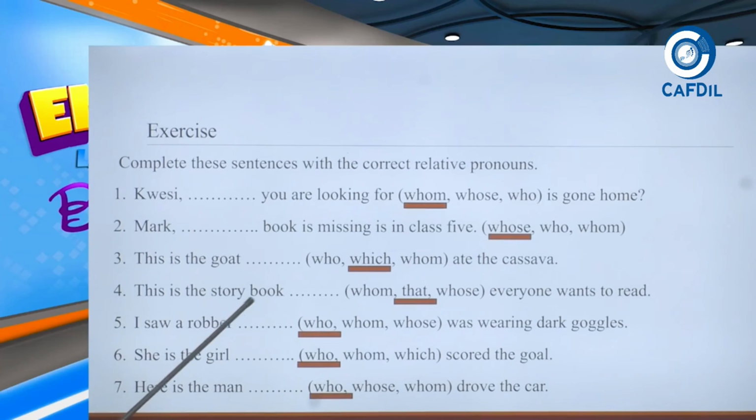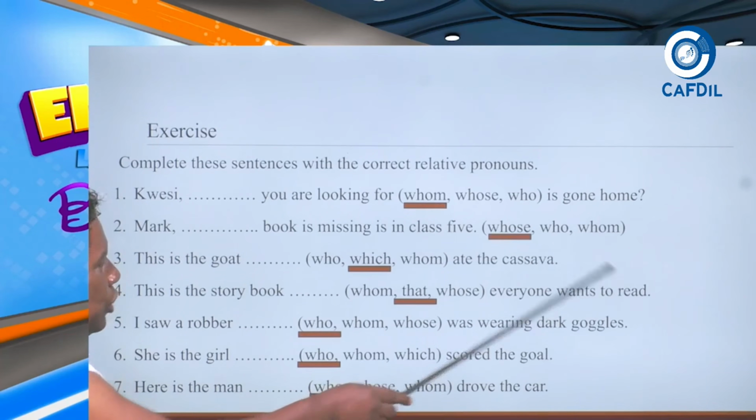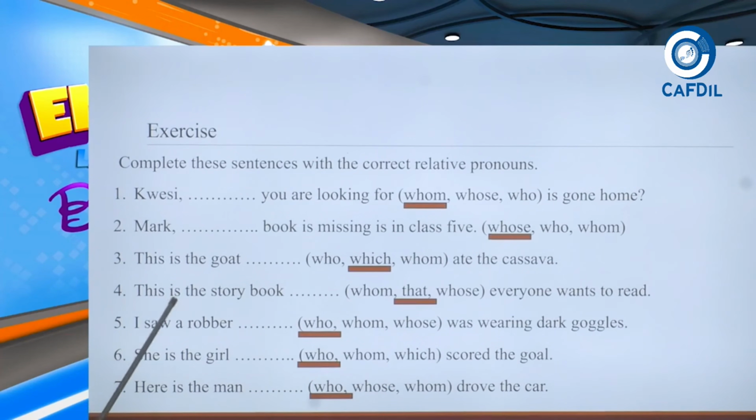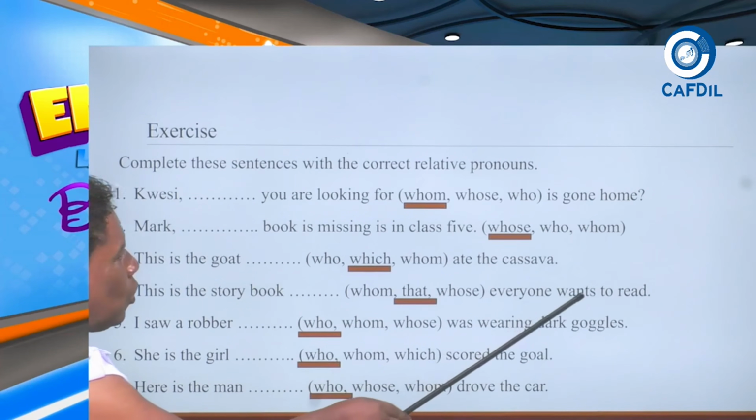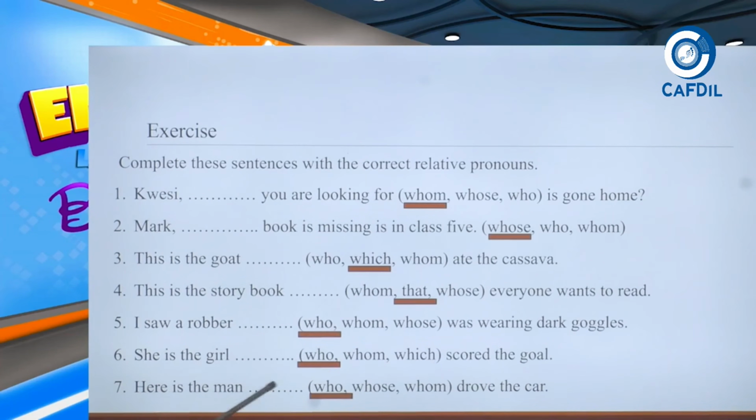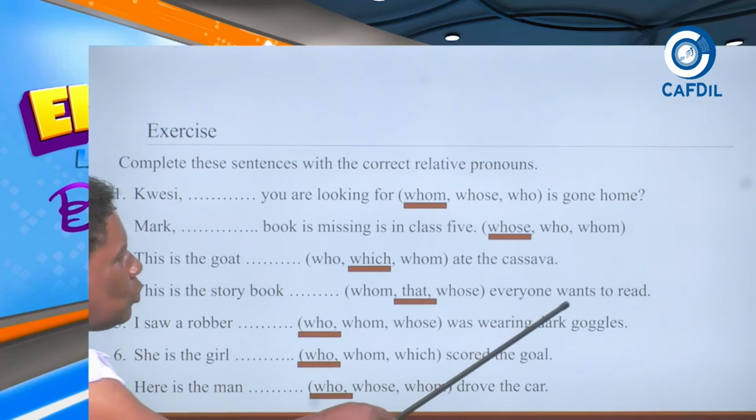This is the storybook that everyone wants to read. Here again, we are able to choose that as the right relative pronoun.